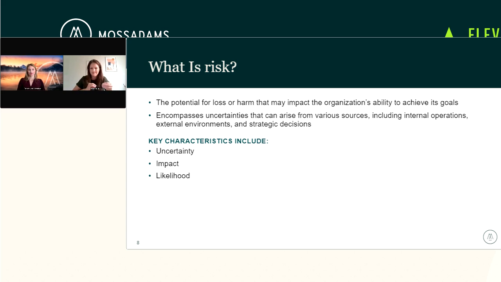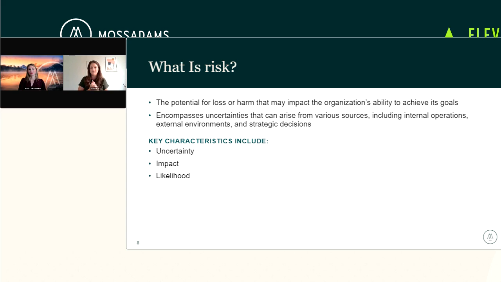Some risks are small and some risks can be really big and major, but there are 3 characteristics that we often think about that impact how important a risk is to pay attention to in your organization. So that's uncertainty, impact, and likelihood. When we think about uncertainty, any level of risk, any risk that we can identify involves unknown outcomes that can affect your organization's performance.